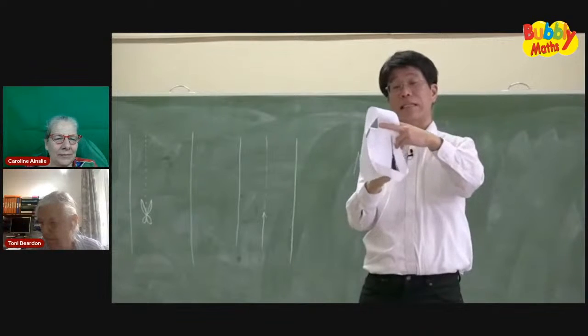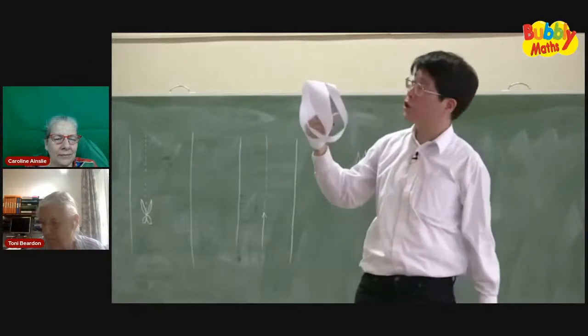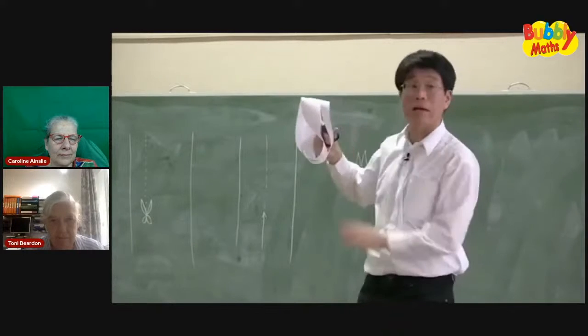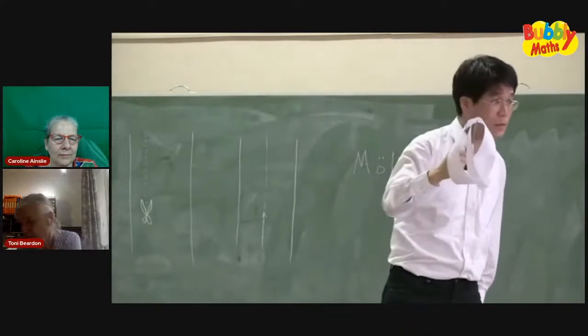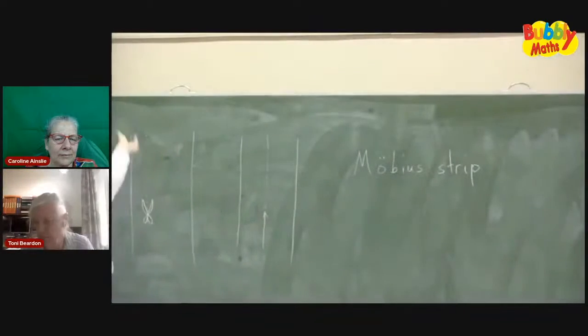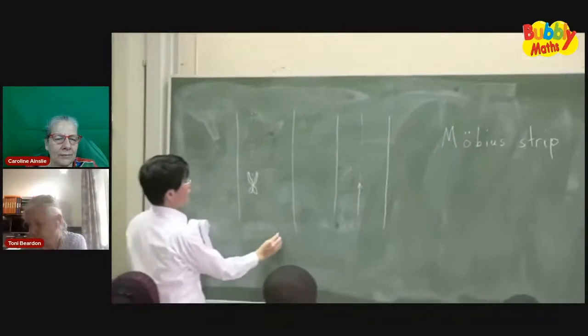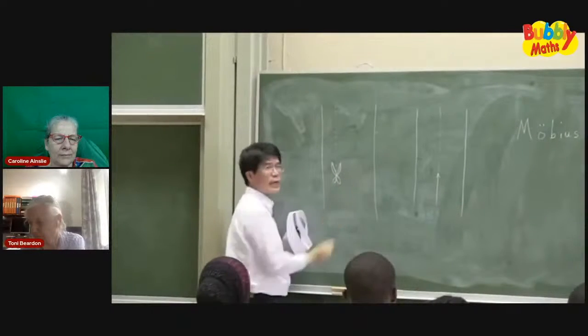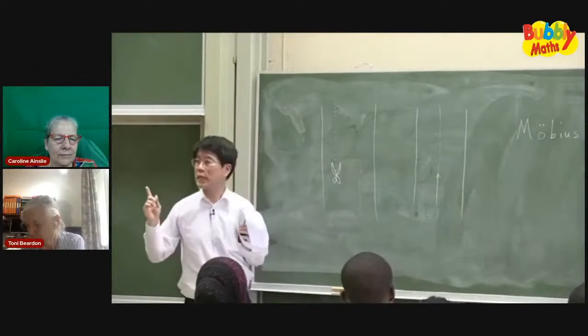Okay, while I'm discussing this, I went around once, but look, you see, I kept cutting along the 3rd line, but I didn't come back to where I started. I came back on the other side. In other words, I kept going, and it got twisted in the back, but when I came back, it was on this side, not on the left side. Why is this? Do we all understand it?